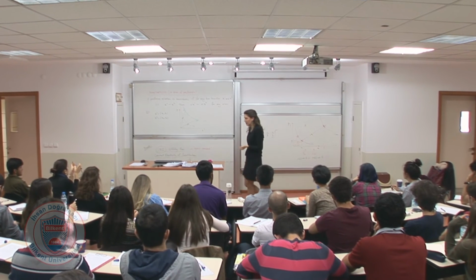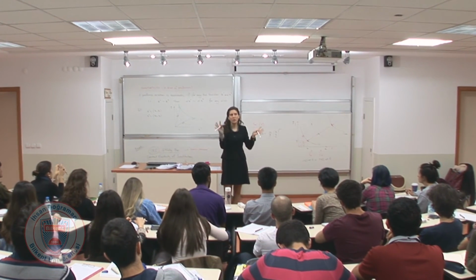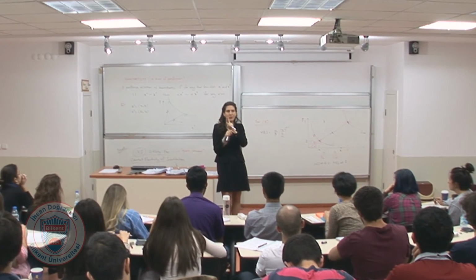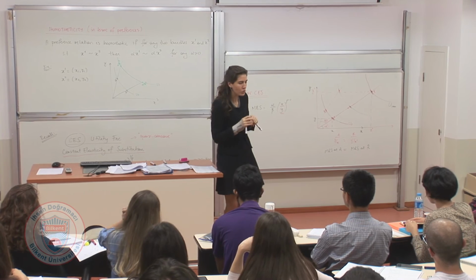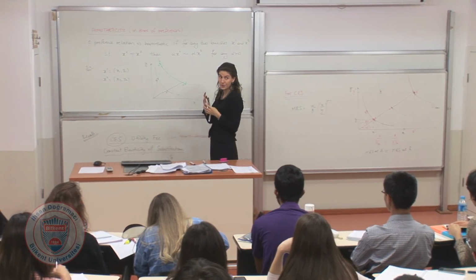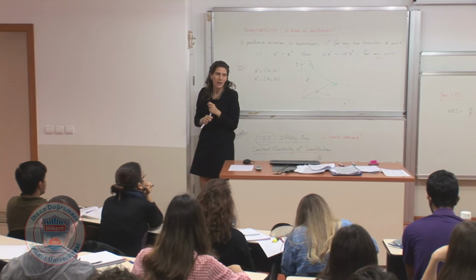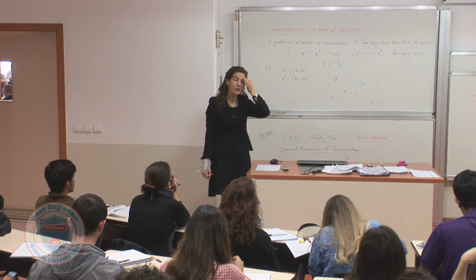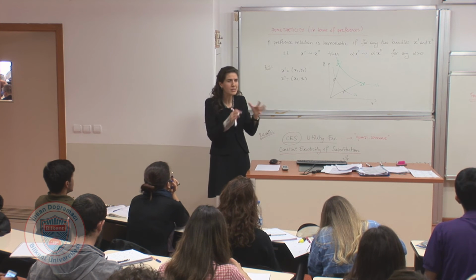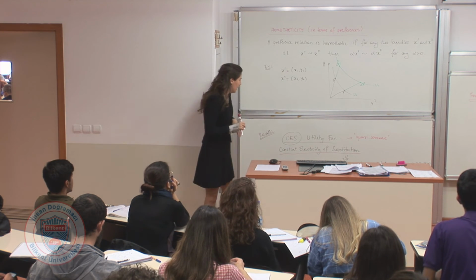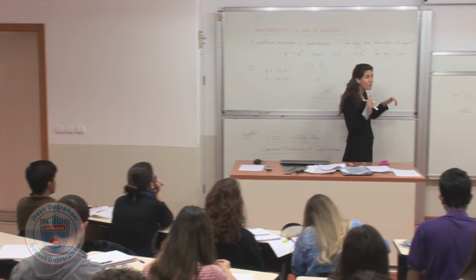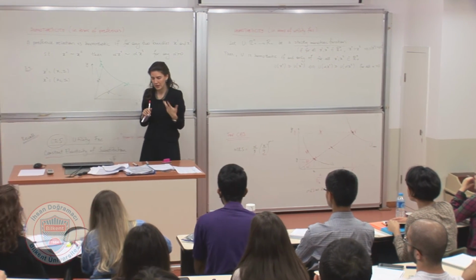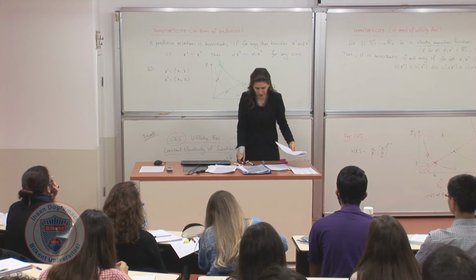You can assume that there is one single consumer consuming the entire production of that country, or that everyone is consuming equally. So you can use a representative consumer. That's why you're going to hear homotheticity a lot, and why it's pretty important for us.